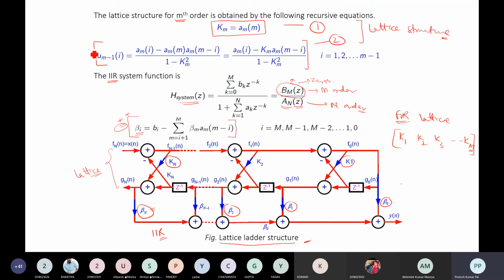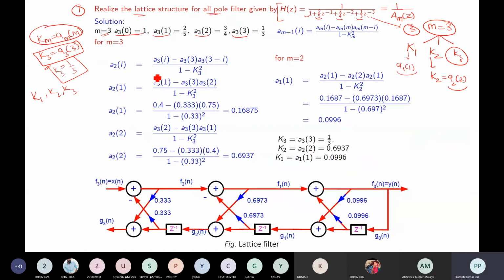In this generalized formula of finding the coefficients, we put m equals 3, because we already have a3(0), a3(1), a3(2), a3(3). Now we need to find a2(0), a2(1), a2(2).